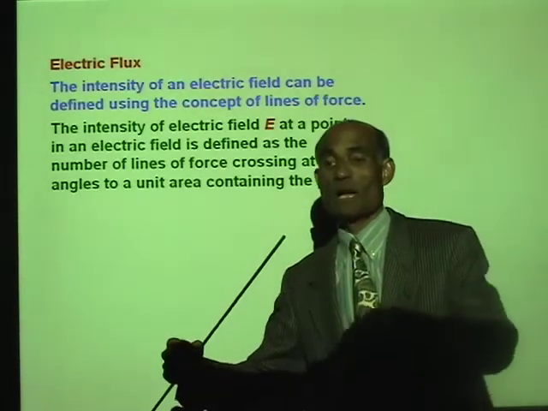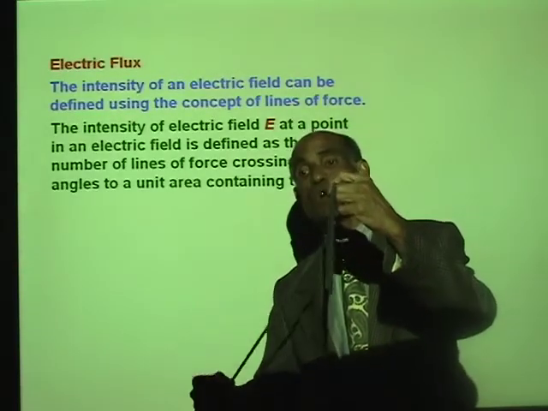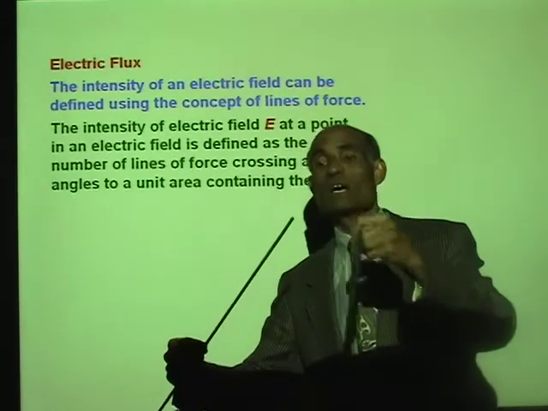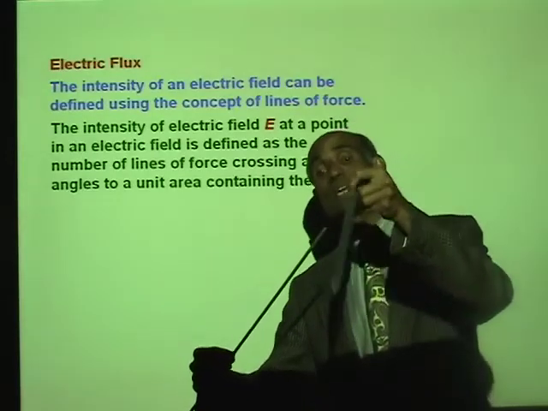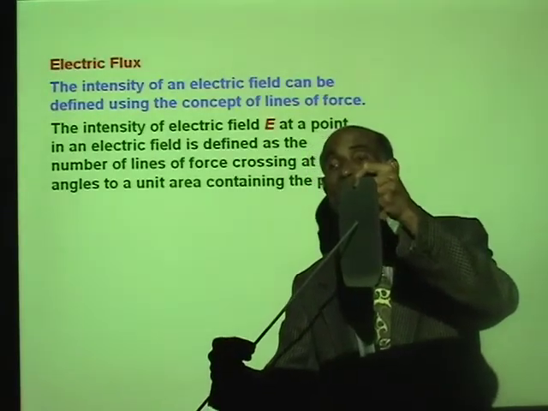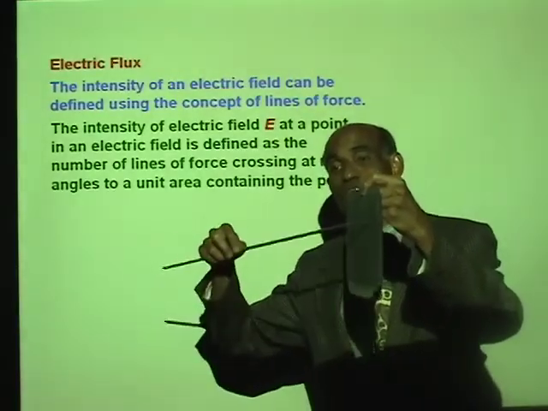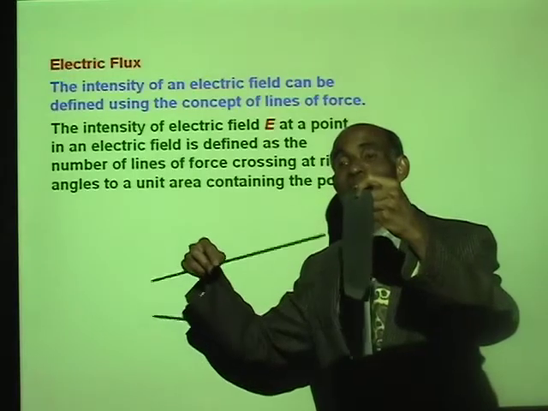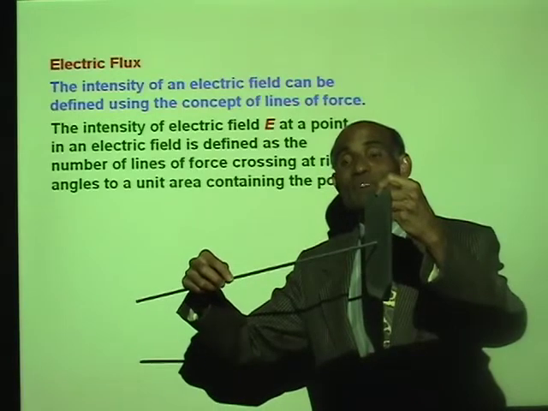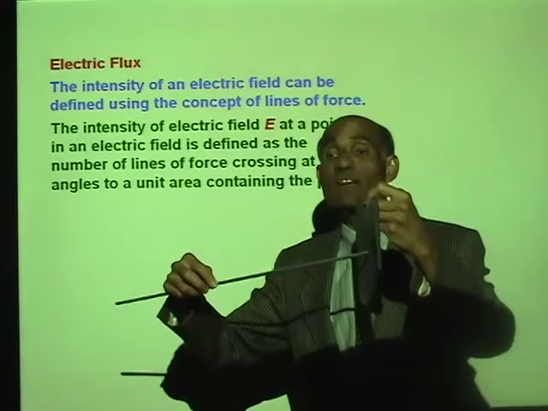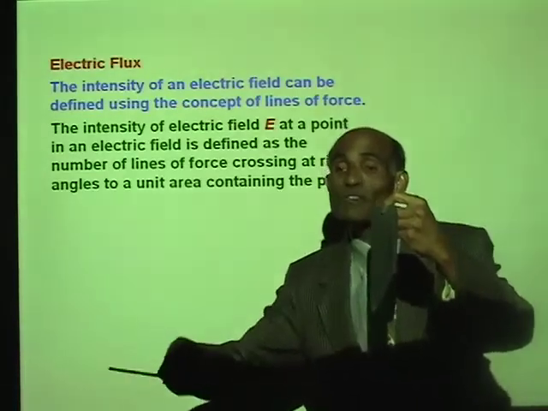So what do I do? I place a unit area, that means an area of 1 square meter, so that the point where I want to find the electric field is in that unit area. And now I measure the electric flux crossing that unit area, and that is a measure of the electric field at that point. In other words, electric field is a measure of electric flux per unit area.